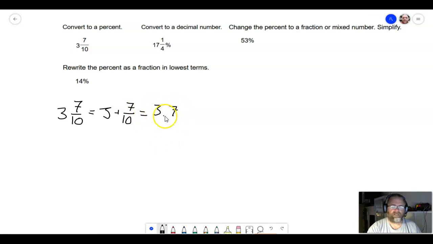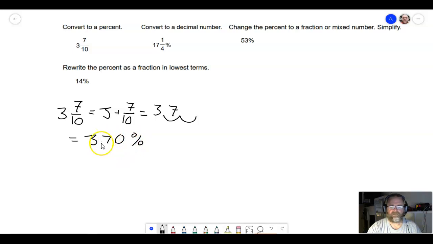And then to put that into the percent from a decimal, what we do is we move the decimal place 2 to the right and add the percent sign. So that'll be equal to 370%. And that would be the answer for that one. Because we go 1, 2, and since there's nothing there, we're going to have to add a 0 there. And so that's it for that one.